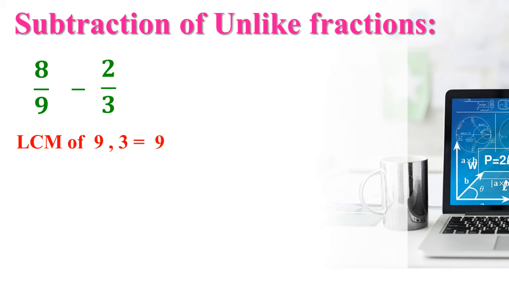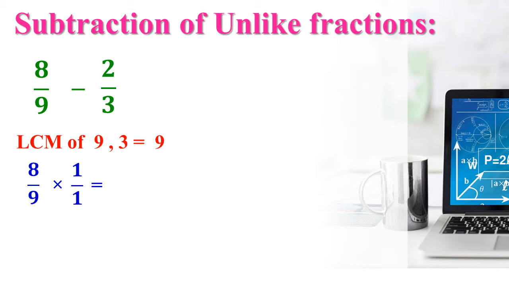So we get 9. Now we will multiply both the numerator and denominator of the given fractions by a suitable number. So let us multiply both numerator and denominator of the fraction 8 by 9 with 1.